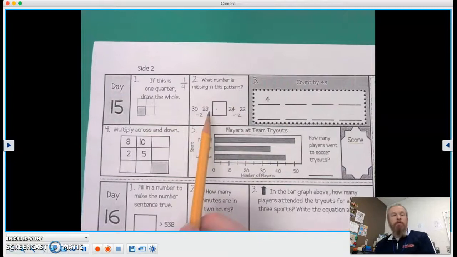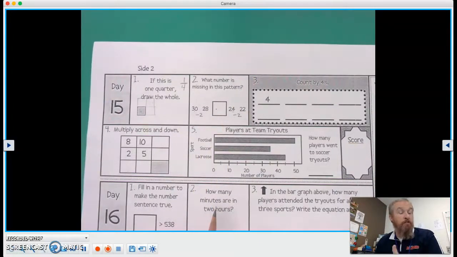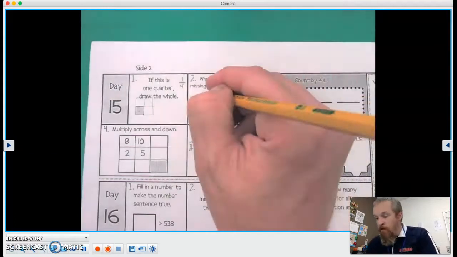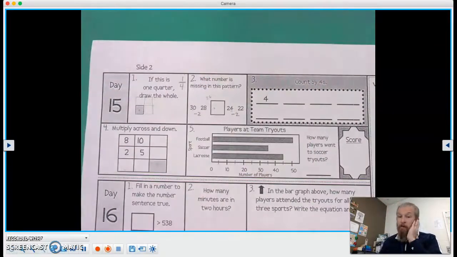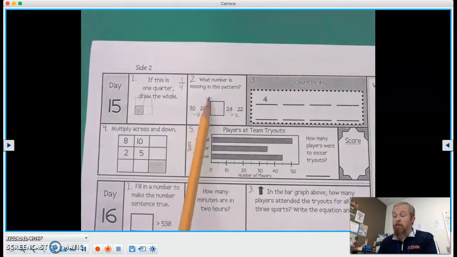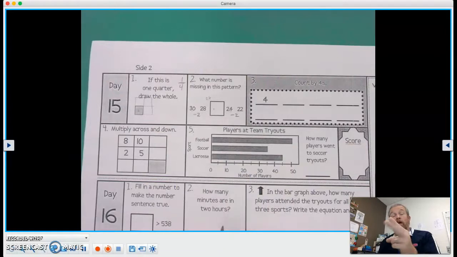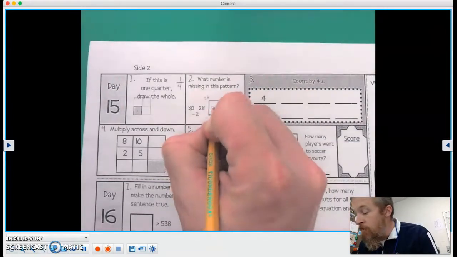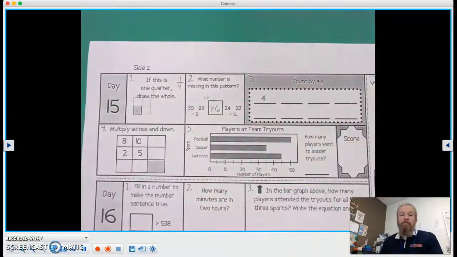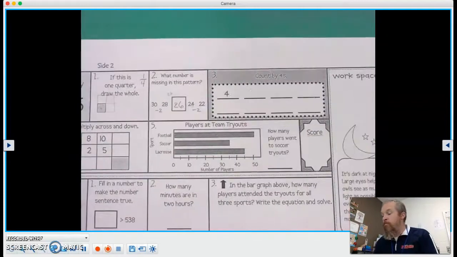So if we drop 2 from 28, what should we get? Well, 28, we go 27, 26, right? So I'm just going to put 26 there for a second because we should also be able to go 26, drop 2, should be 24, 25, 24. That is the correct answer. So we're going to write 26 in the box, and that's our correct answer.